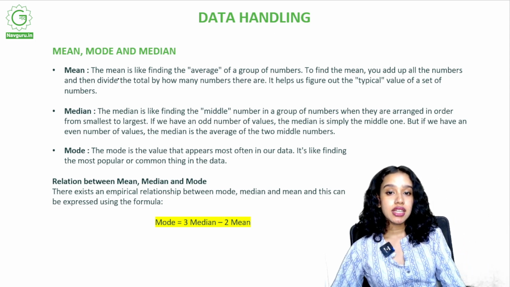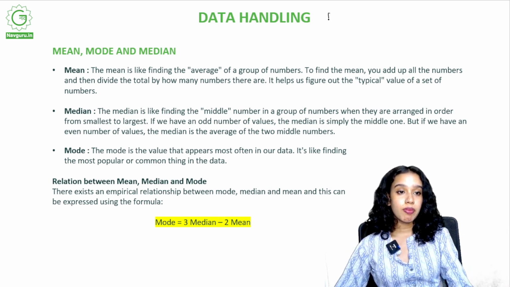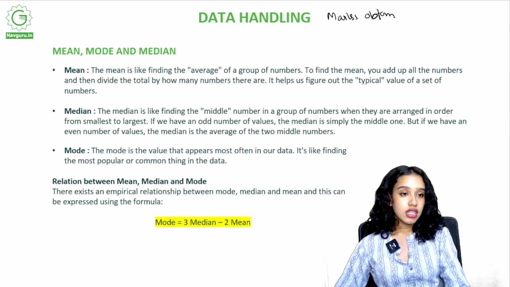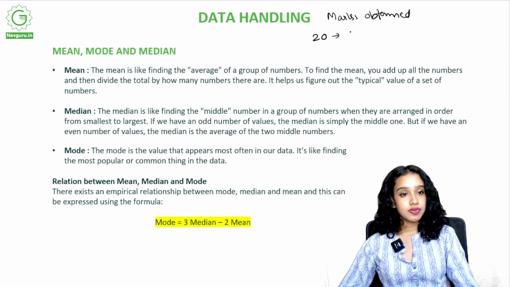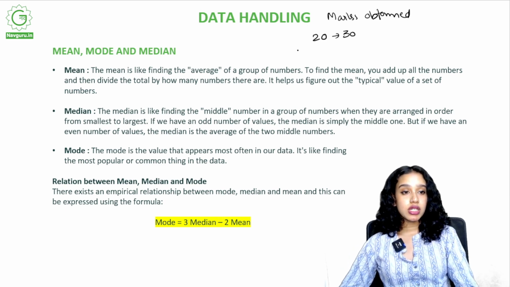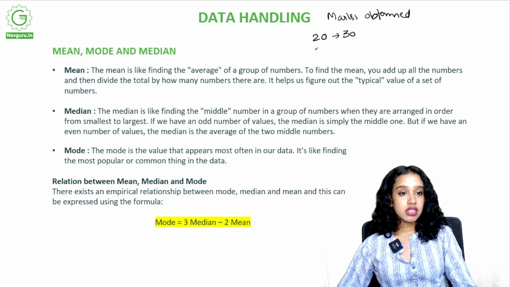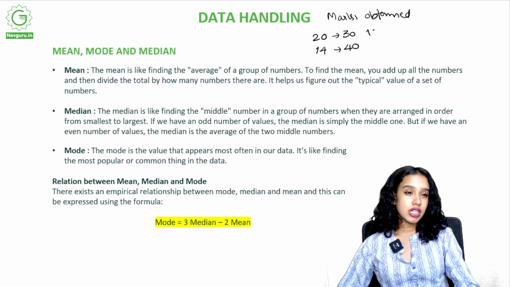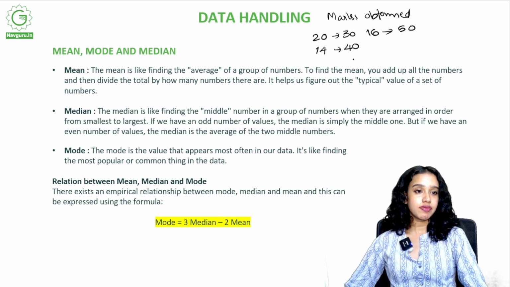So if we are trying to find the mean of the marks obtained by students in a class, right? Now let's say that 20 students had 30 marks, and 14 students had 40 marks, and let's say 16 students had 50 marks in a test, right?